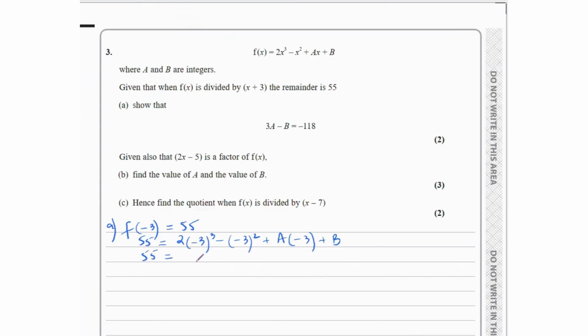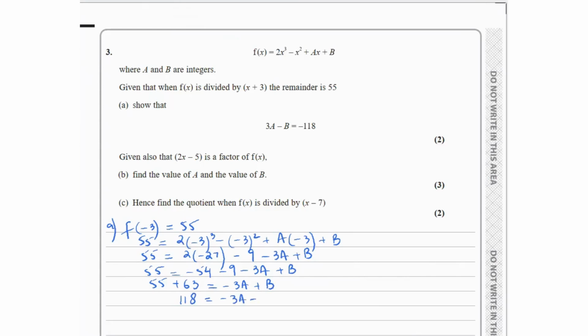So when we solve this, what we get is 2 times negative 27 minus 9 minus 3a plus b. 55 equals negative 54 minus 9 minus 3a plus b, which is going to be 55 plus 63 equals negative 3a plus b, which is 118.